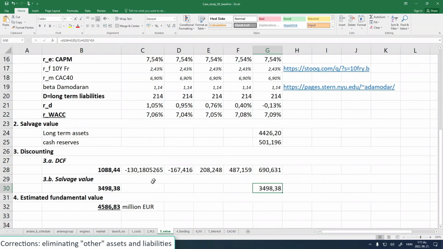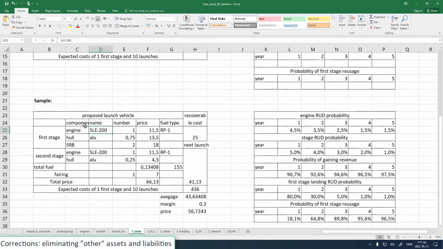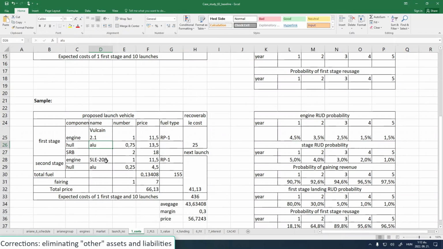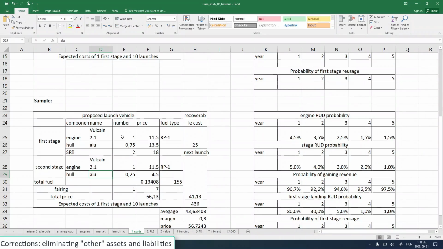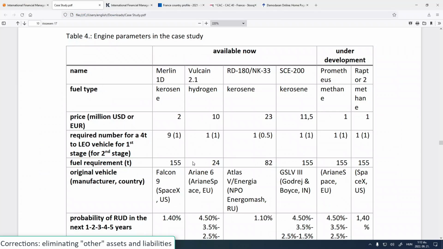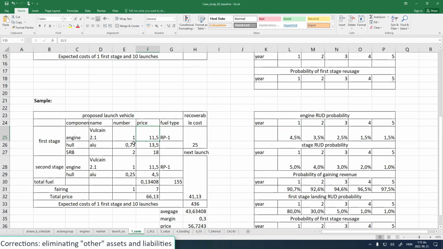So we have to use Vulcain, not the Indian one. But we need only one of these, so the number is good. The price is not good. Price 10. It's cheaper. It's rubbish, but cheaper.